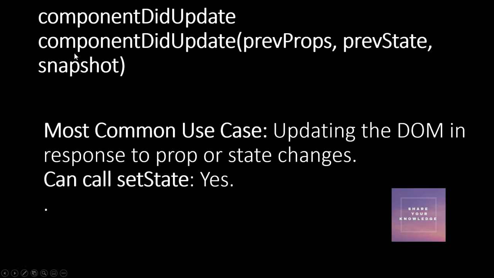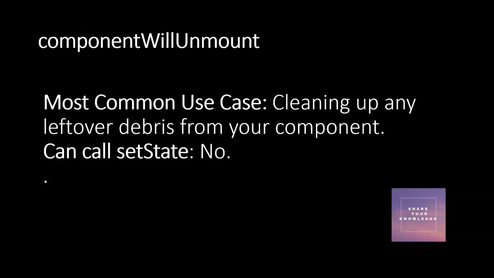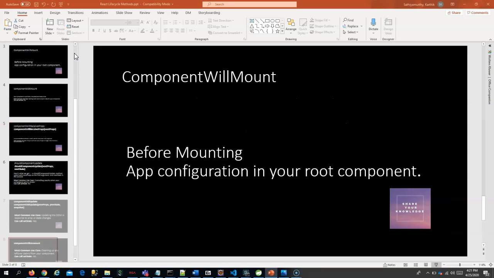So for state changes or property changes, this hook is apt for updating the DOM. This hook can also be used for changing the state. As I told you, component will unmount will get called when the component gets destroyed. Here you can do any cleanup task.